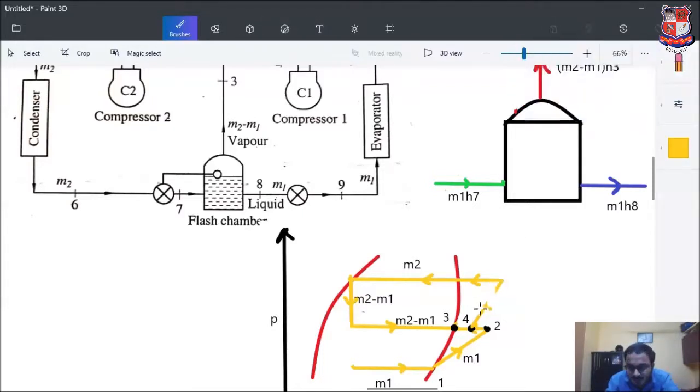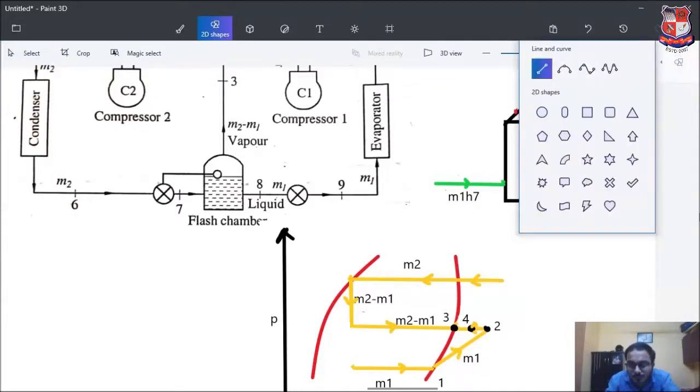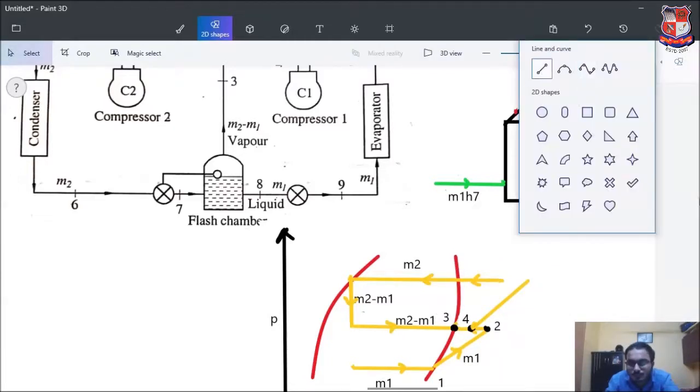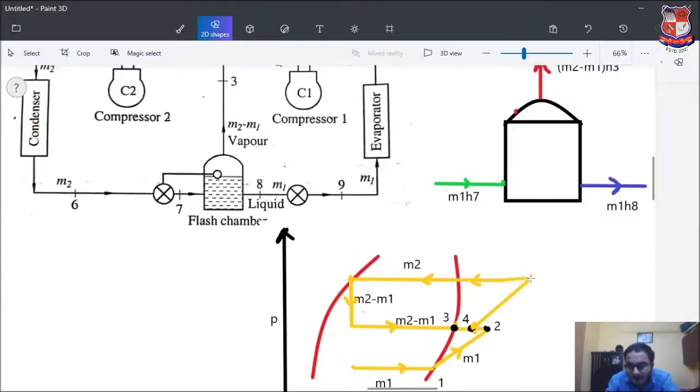There is a huge difference between slope of two compression processes, so I need to change them. So now it is okay.